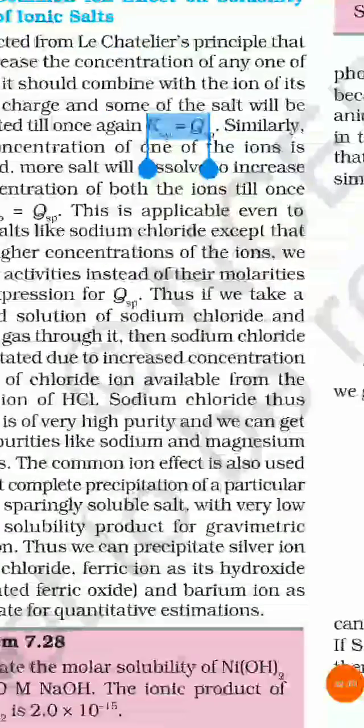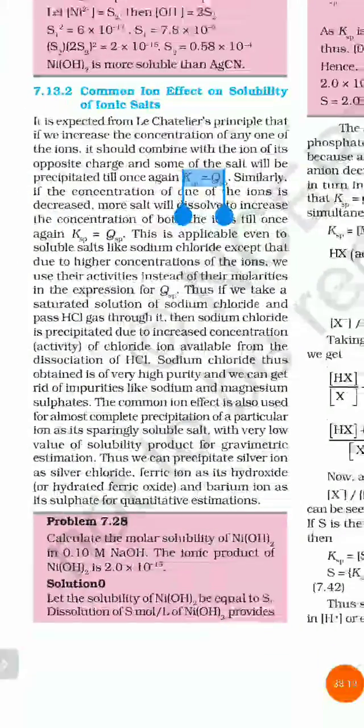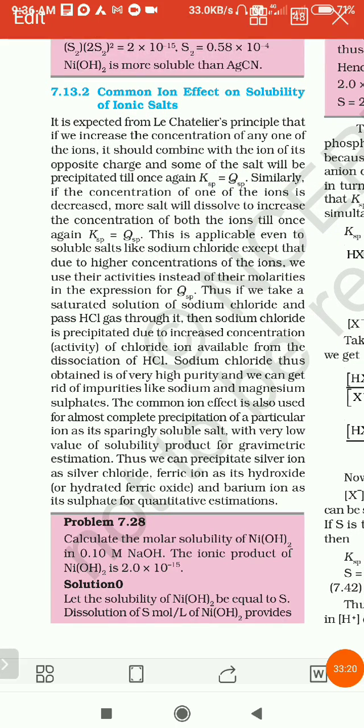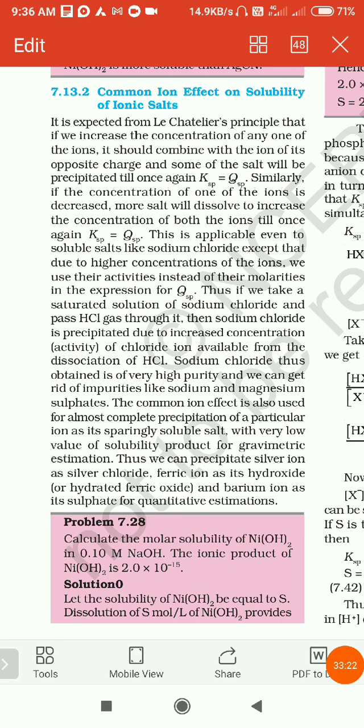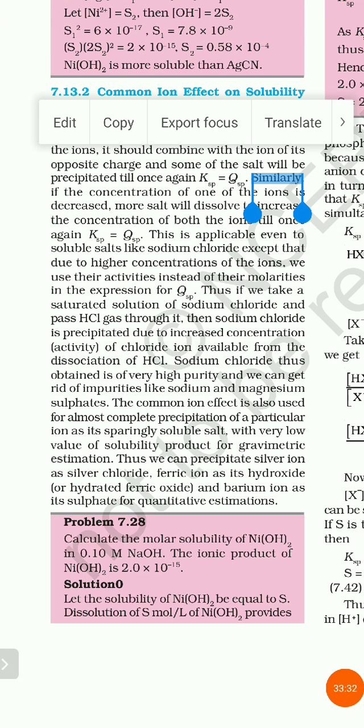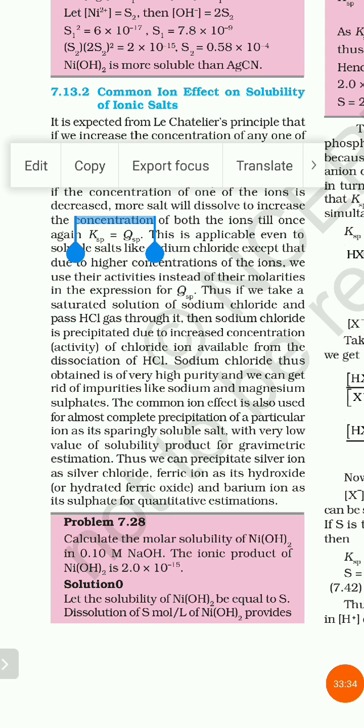So the reaction quotient and the solubility product, both will be equal to each other. Similarly, if the concentration of one of the ions is decreased, more salt will dissolve to increase the concentration of both the ions till once again Ksp is equal to Qsp.